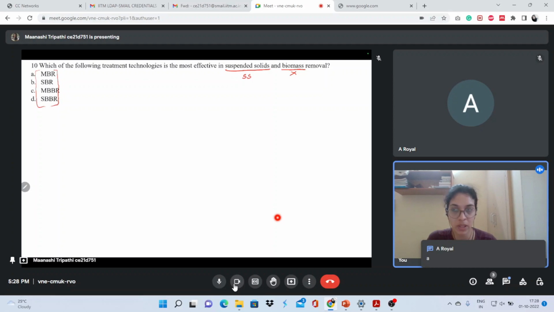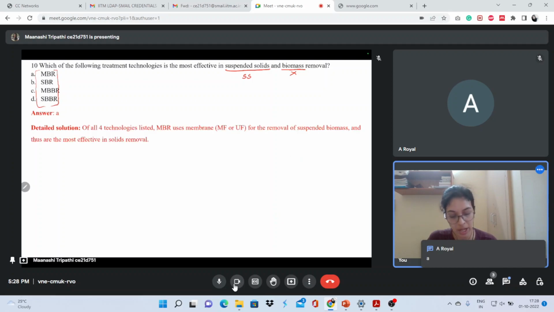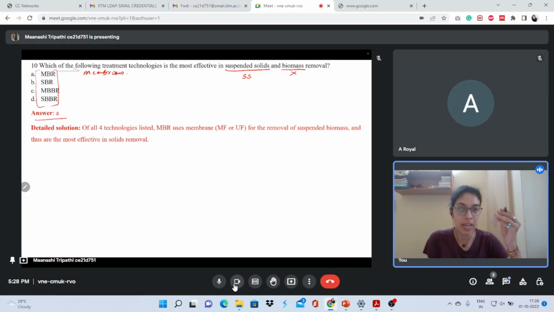As you have answered, we'll see the answer. The answer is yes, you were right, A. MBR. In MBR, what is happening? Membranes will be there that remove suspended solids, and if the pore size of the membrane is very small, meaning ultrafiltration, then biomass removal can also happen.